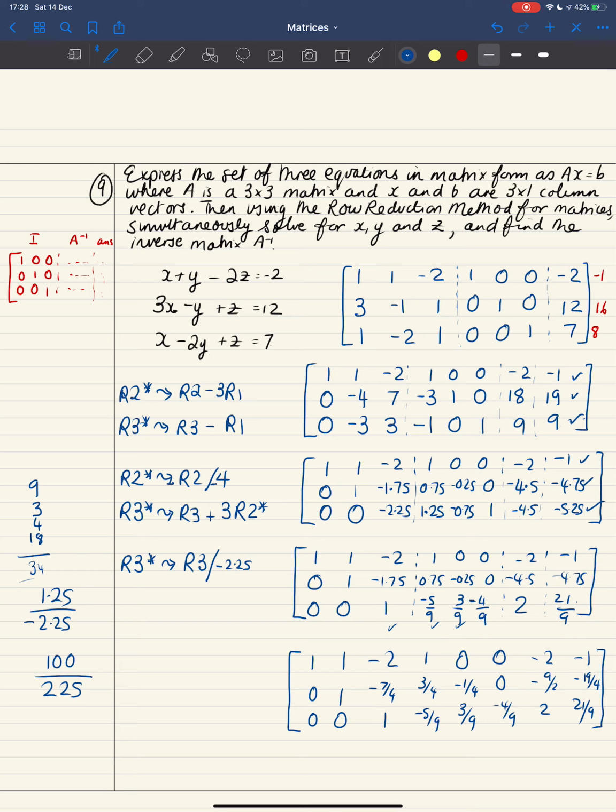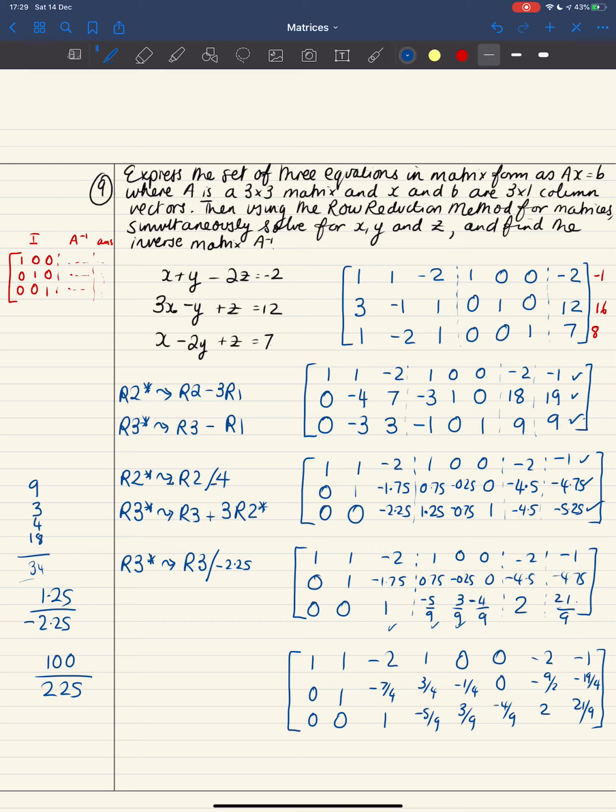Did I actually check that one before? Minus plus 3/4, minus a quarter. I'm going to stop now because I can't see what's happened here.